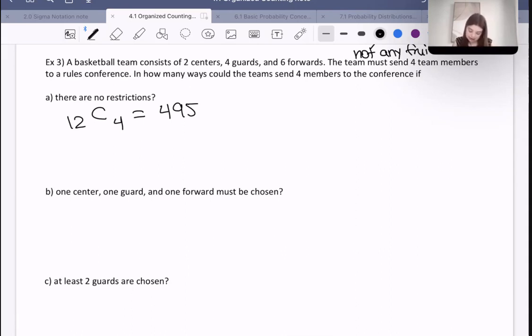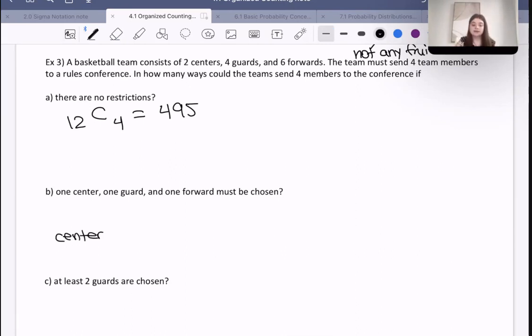B asks, how many combinations would there be if one center, one guard, and one forward must be chosen? Okay, so in this case, to choose the center, well, they're spelling it the American way. Either way, that doesn't matter. You can spell it however you'd like to. I'll be consistent or spell it the American way.